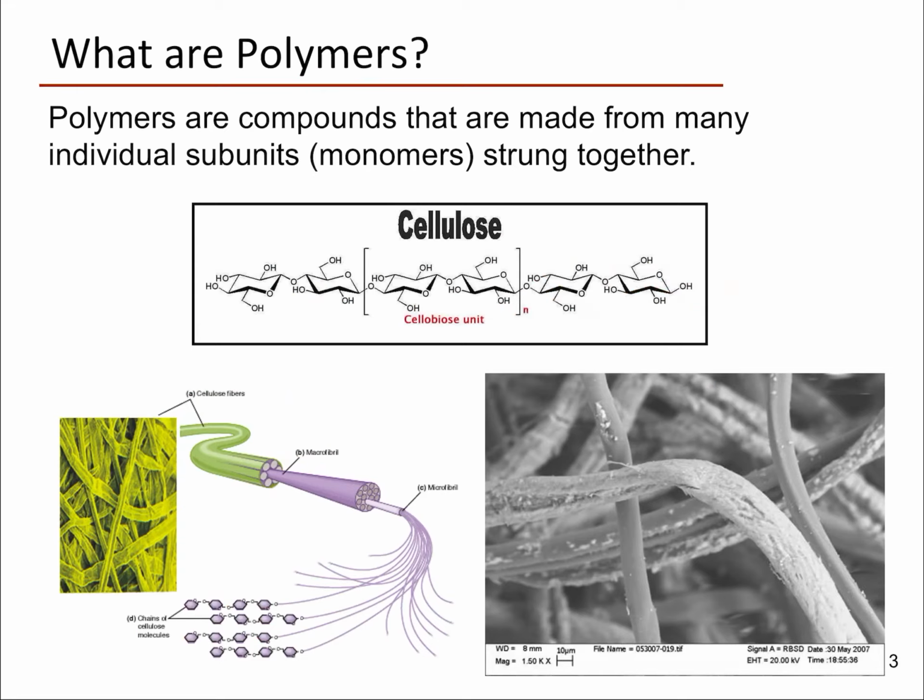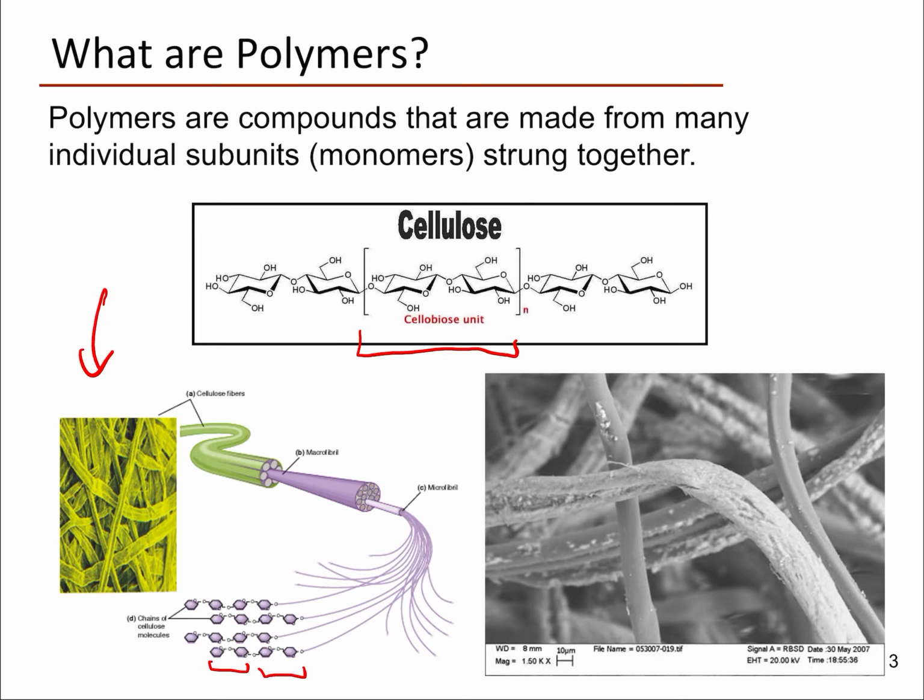So polymers are very widespread, both naturally occurring and artificial ones. An example of a natural polymer is cellulose. Cellulose has a fairly complex molecular subunit that is repeated again and again to make very long strings. You can see in the picture on the left these little subunits repeated again and again.